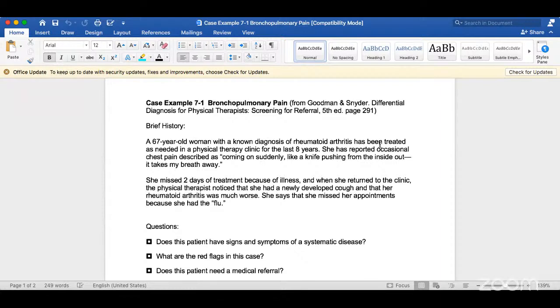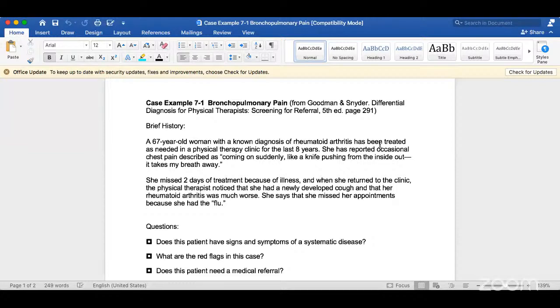A 67-year-old woman with a known diagnosis of rheumatoid arthritis has been treated as needed in a physical therapy clinic for the last 8 years. She has reported occasional chest pain described as coming on suddenly, like a knife pushing from the inside out. It takes my breath away.